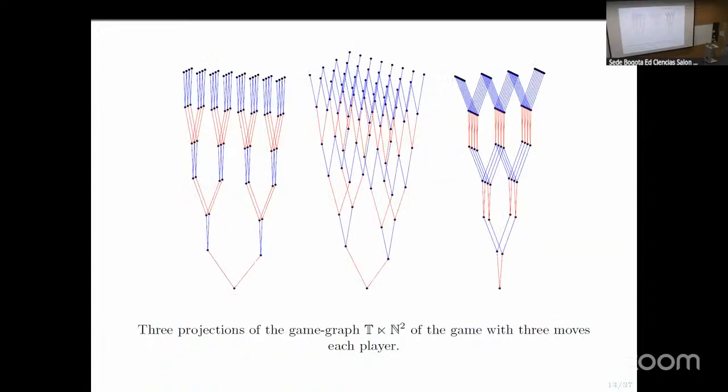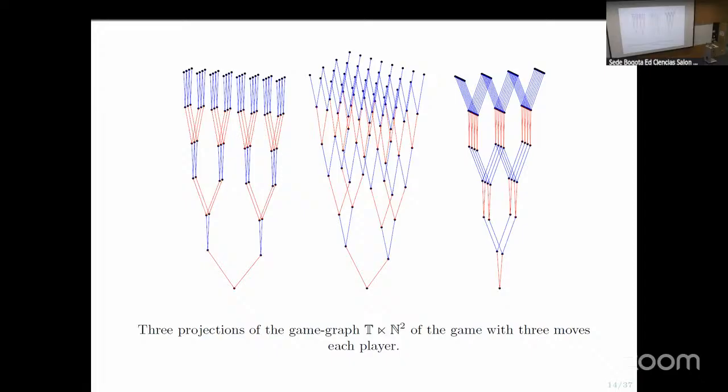This is another illustration, another projection of this graph. For example, here on the left, if you see the red, then you see the binary tree. And if you see the blue, it's only some vertical lines. This is like the point of view of Alice. So you see the binary tree, and in between these blue vertical lines.